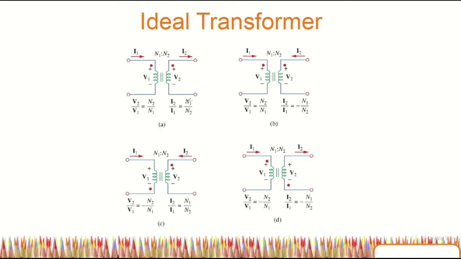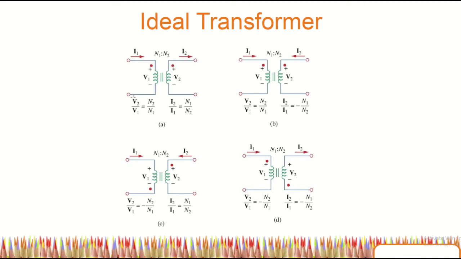So this is the normal condition, where in the primary coil, I1 is going into the dotted terminal, and at the secondary coil, the I2 is going out of the dotted terminal here.